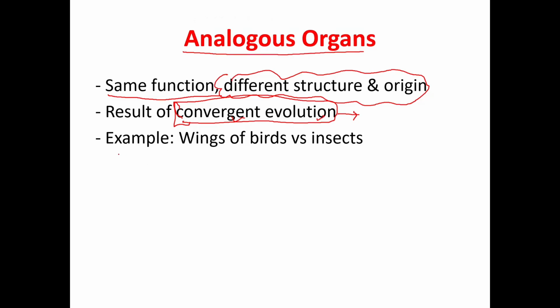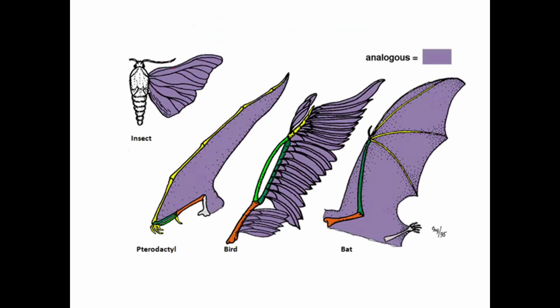Let's take an example of analogous organs, wings of birds versus insects. As you see in the picture, this is the insect's wing, this is a pterodactyl, this is a bird, this is a bat. All of them do a similar function, flying, right? But the origin and the setup of bones differ in different animals. That set of organs is called analogous organs.